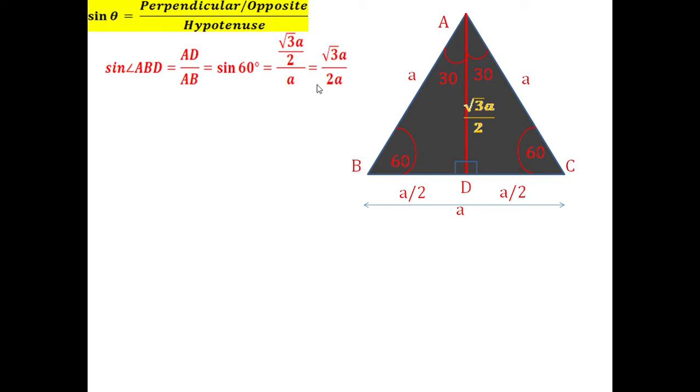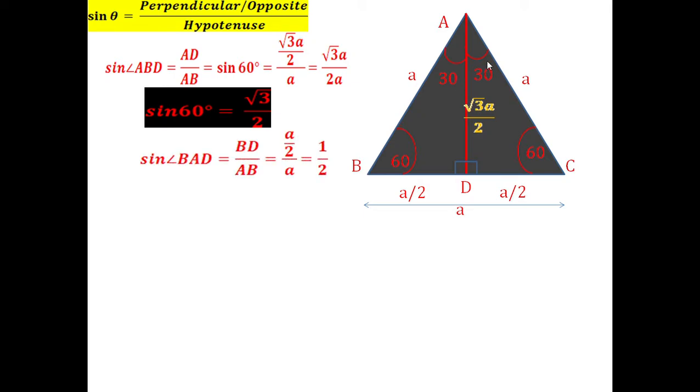After simplifying, we shall get root 3a by 2a because this 2 will come to the denominator. Ultimately, for sine 60 degree, this a here will be cancelled and thus we shall get root 3 by 2.